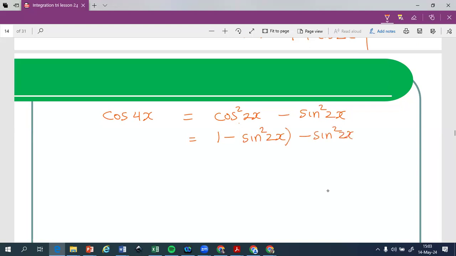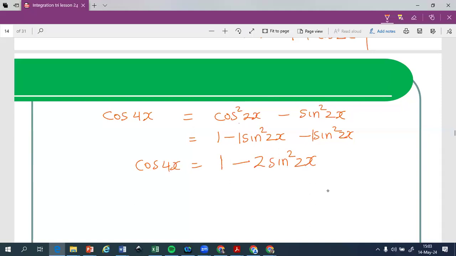When I remove the brackets and collect like terms, it means I'm going to remain with 1 minus 2 sine squared 2x is equal to cos 4x.